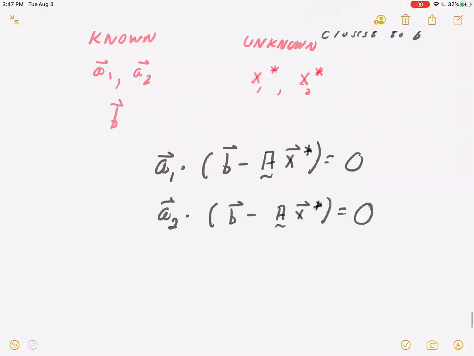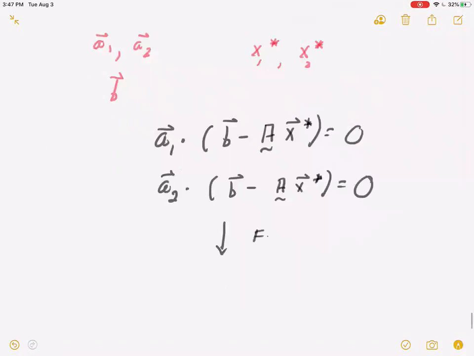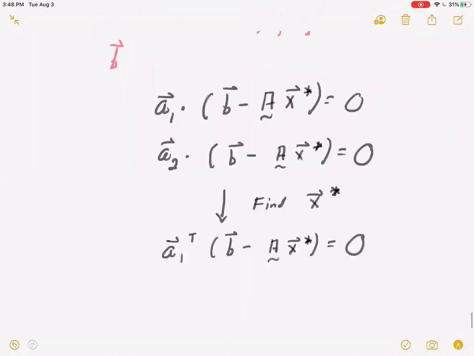And the task is to find X asterisk. Well, one thing at a time. I certainly know a way to rewrite these two equations. First equation is that. Remember, what's on the right is definitely a scalar. The dot product of two vectors is a scalar. And the second equation is simply that.